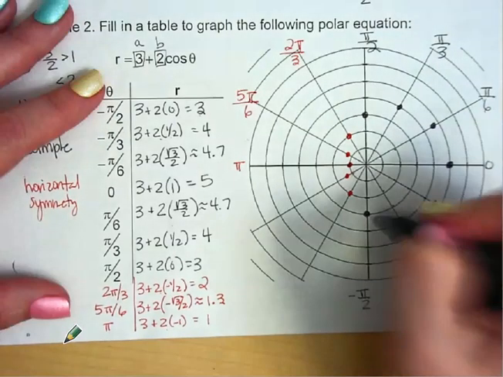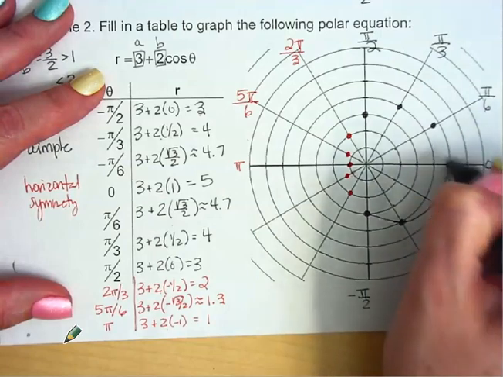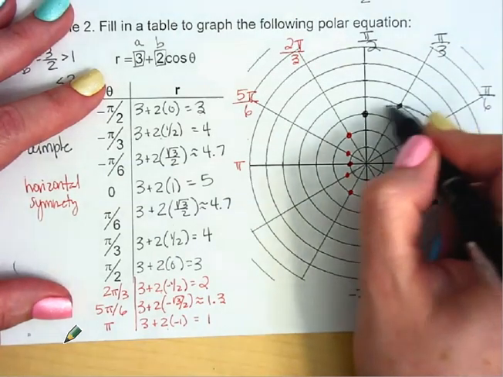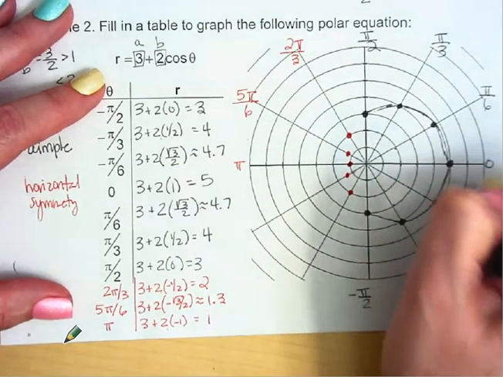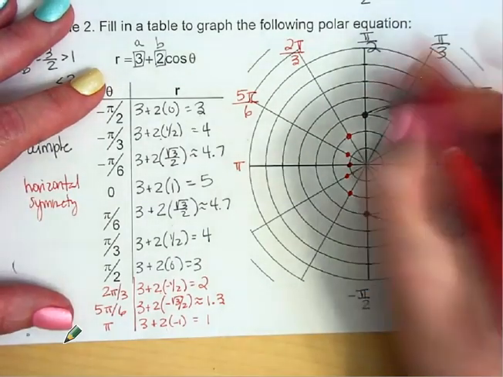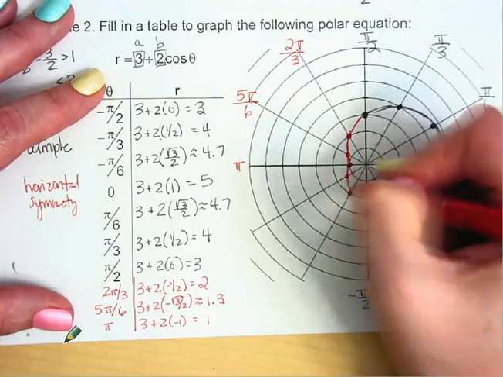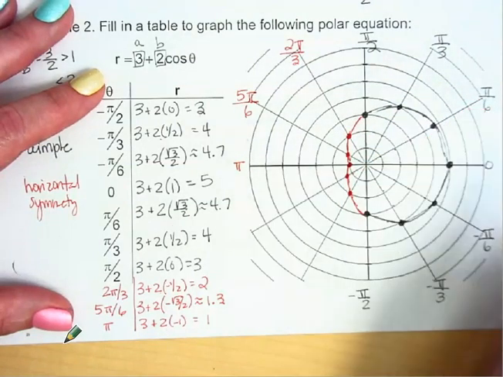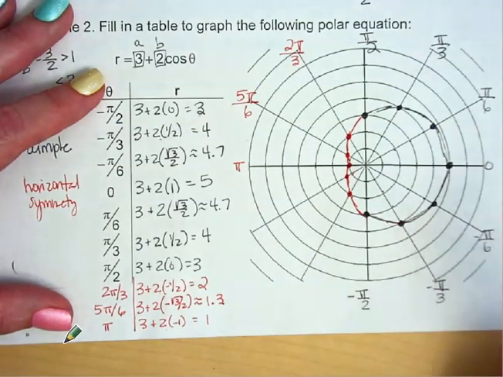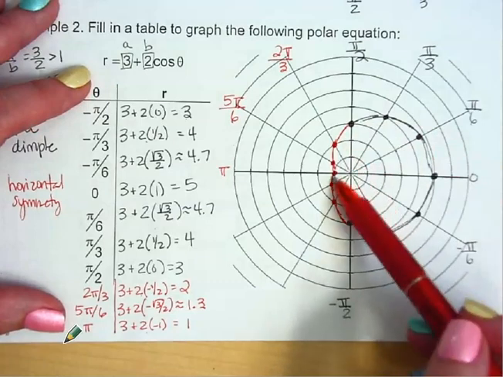And so here, this black section is what I got from the original table, and this red section is what I had to generate myself as I thought through the rest of the problem. Now again, you don't have to do 2 different colors, but you can see how this is a limaçon with a dimple.